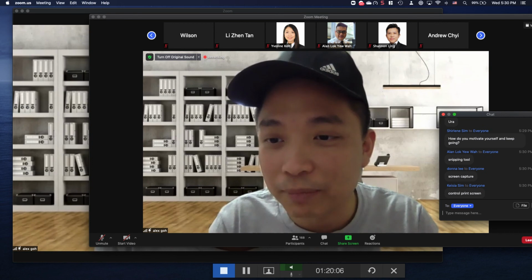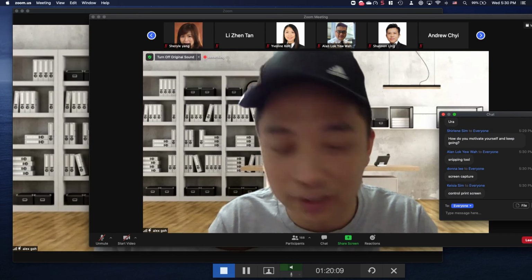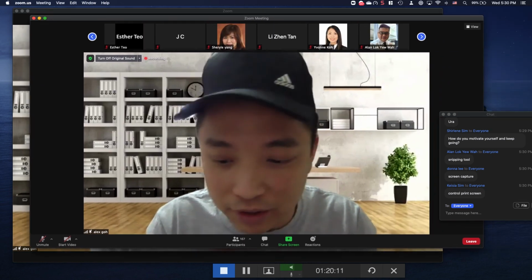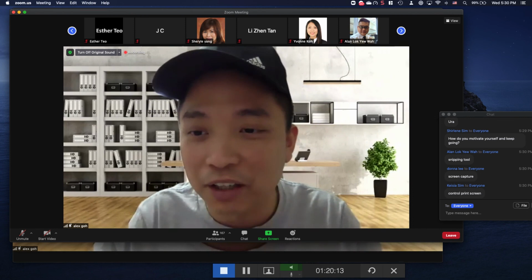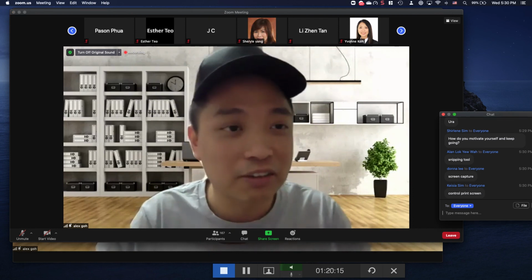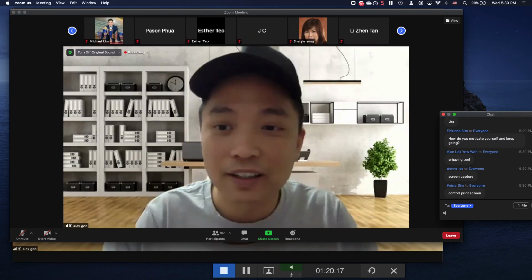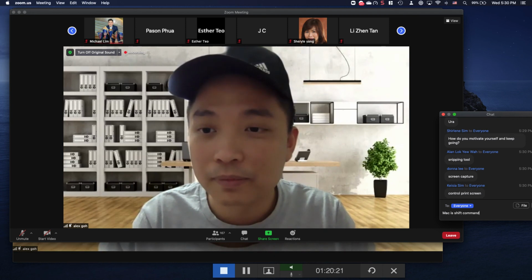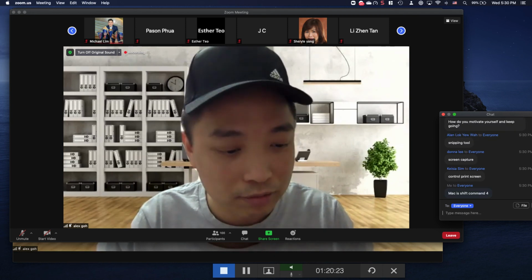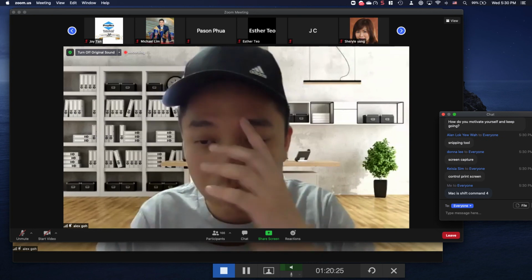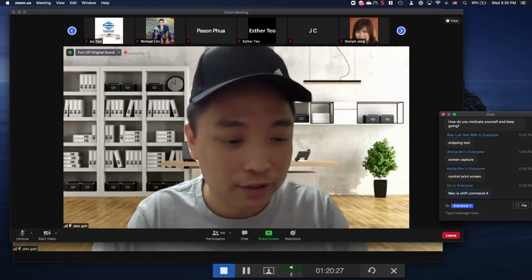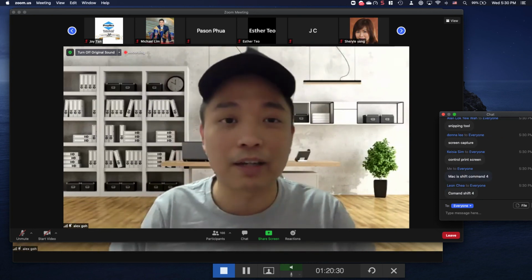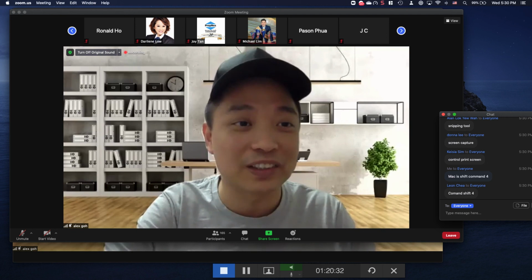Snapping screen capture. Control print screen. Okay. I'm using an iMac. Don't have print screen. Cannot. Mac is Shift Command 4. Okay. Come on, we smile. 1, 2, 3.